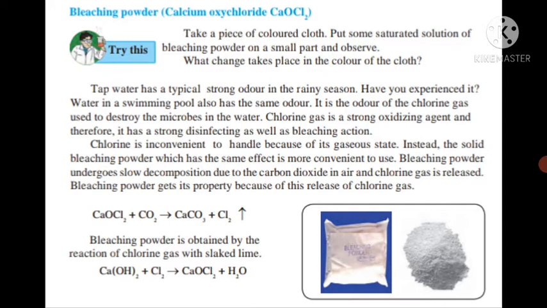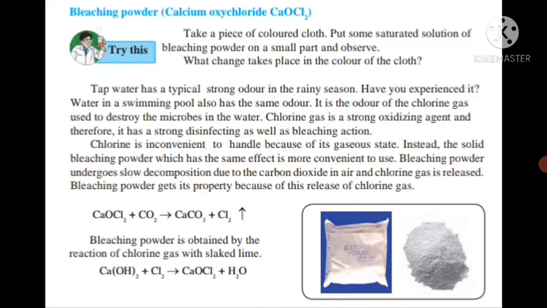So instead, the solid bleaching powder, which has the same effect, is more convenient to use. Bleaching powder undergoes slow decomposition due to the carbon dioxide in air, and chlorine gas is released. So bleaching powder gets its property because of this release of chlorine gas.